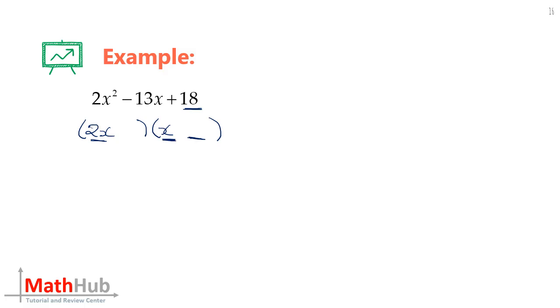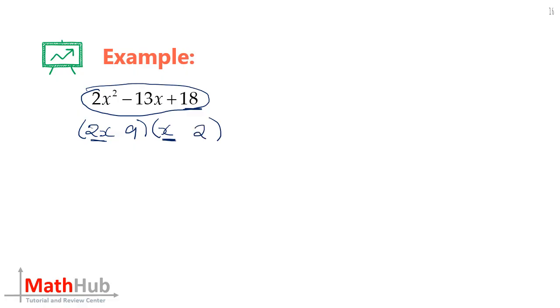But I cannot put my 2 here because that would mean that they have a common factor of 2, which obviously our original trinomial does not have. So let me just erase that. That can't happen. So you put the 9 here and the 2 here.